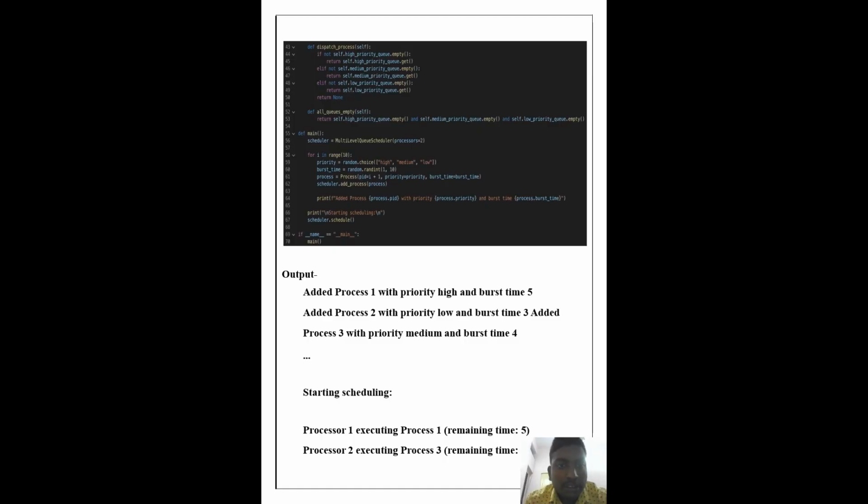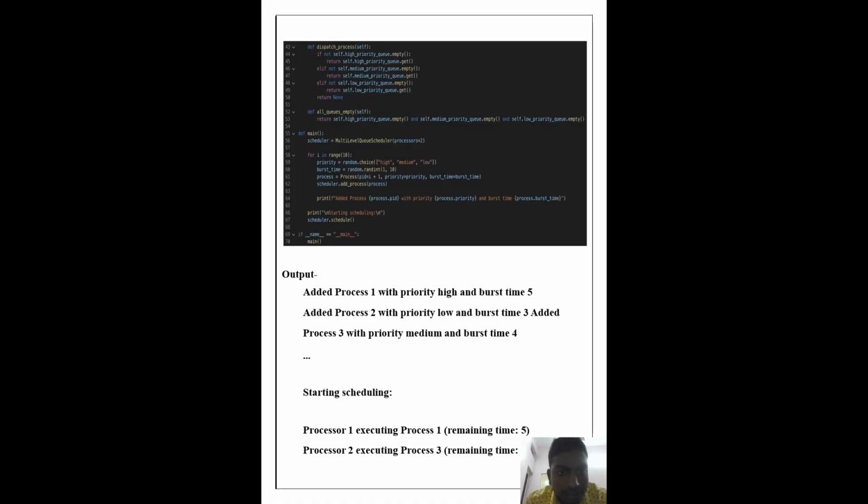Elif not self.low_priority_queue.empty, return self.low_priority_queue.get. Else return none. Def all_queues_empty, return self.high_priority_queue.empty and self.medium_priority_queue.empty and self.low_priority_queue.empty. By using this dispatch process, we identify that if the high priority queue is not empty, we get it by the return statement.